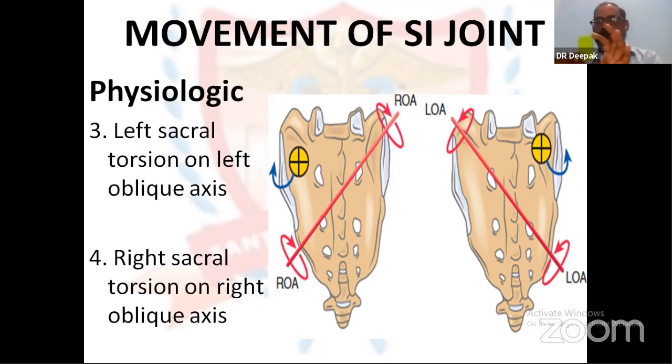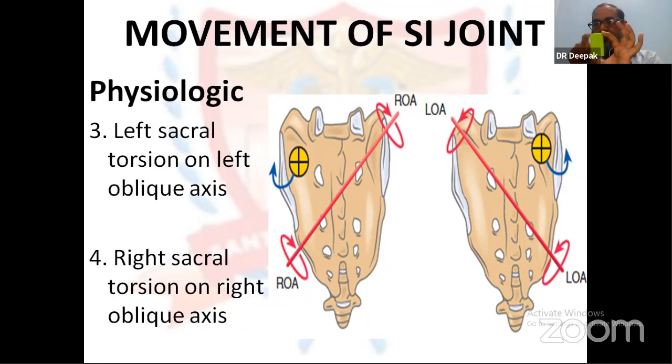If you place this block on the left hand like this, then this axis is the oblique axis, left oblique. This is the left oblique axis. I am putting this block in the left hand. This is the left oblique axis. And torsion means movement. So if I push this block from the posterior direction, this is torsion.